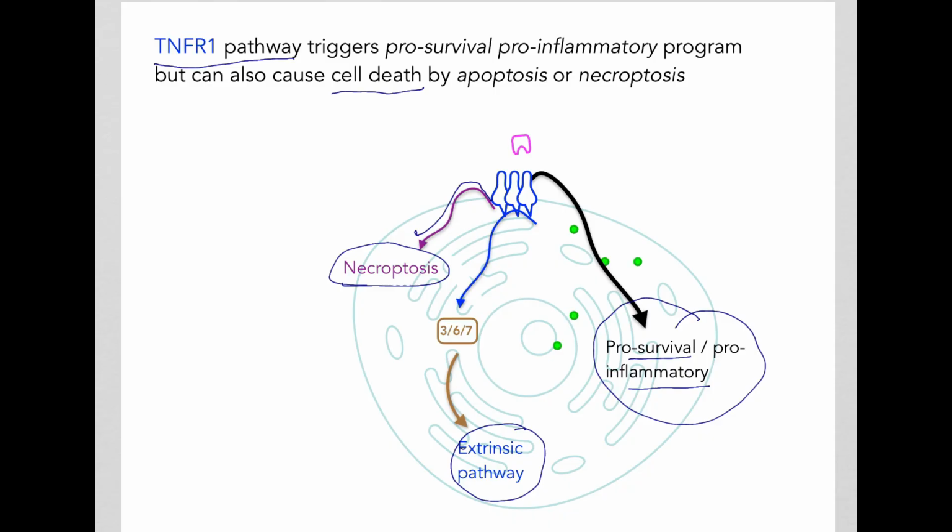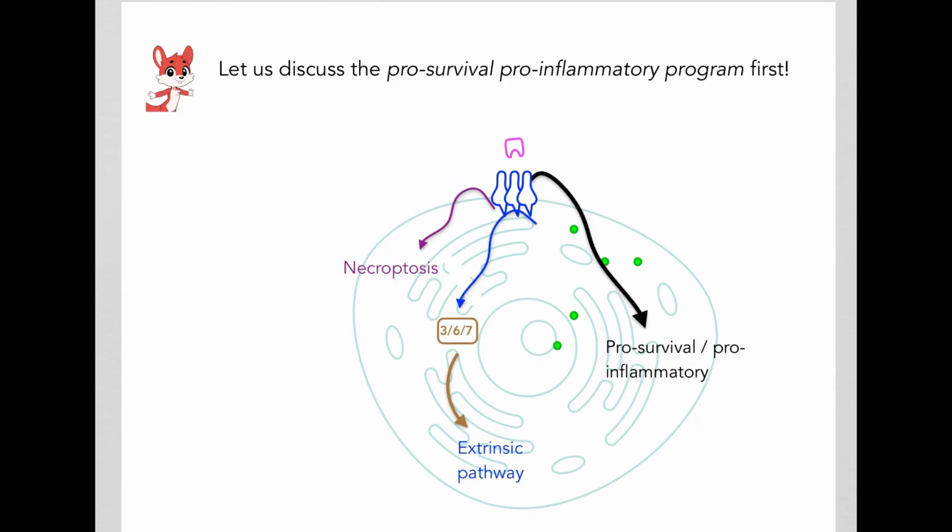Okay, so apoptosis doesn't have much inflammation. Necroptosis is associated with inflammation. So this TNFR1 pathway can cause three very important programs to be activated: either survival or cell death by apoptosis or by necroptosis. So let's first discuss the survival program.